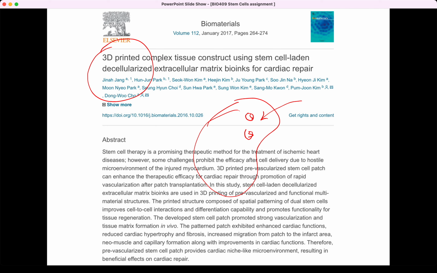And what they do is the printer has inks, right, to print, and normally on your printer at home, the inks are inks that go on the paper. And then in a 3D printer, the inks are like liquid plastics, or some liquid material. Here, the inks are going to be like parts of the extracellular matrix.